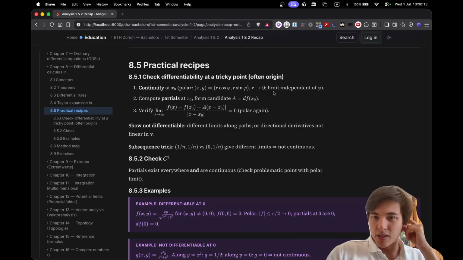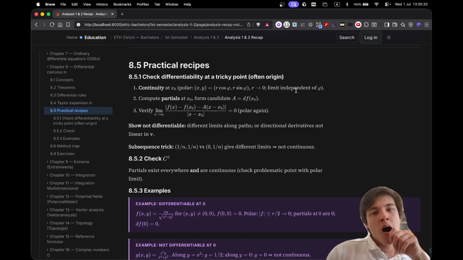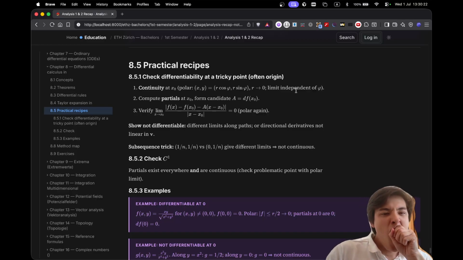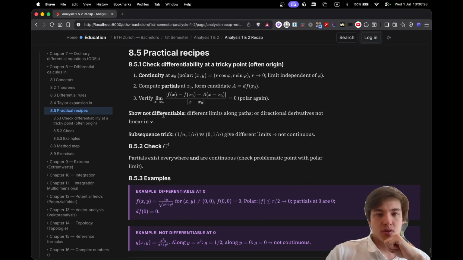See if the limit is independent of phi. Compute the partials. Show not differentiable. Then there are different limits along different paths.